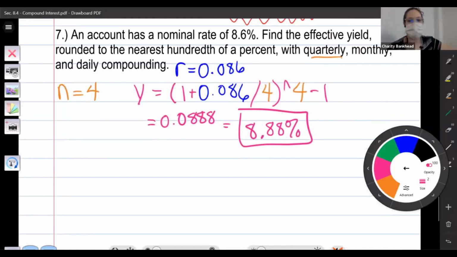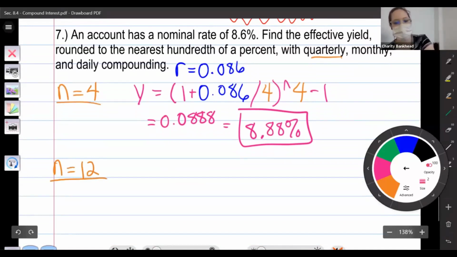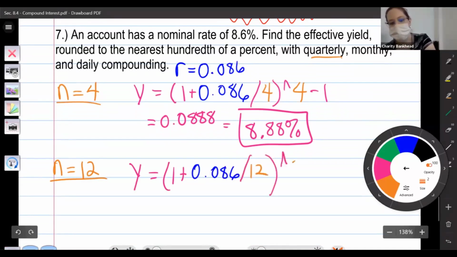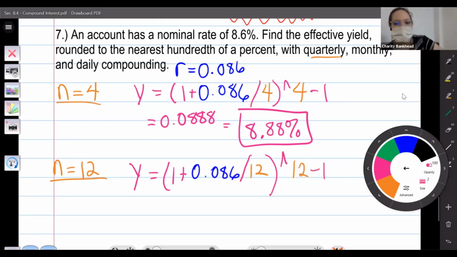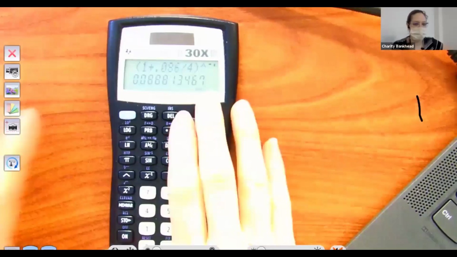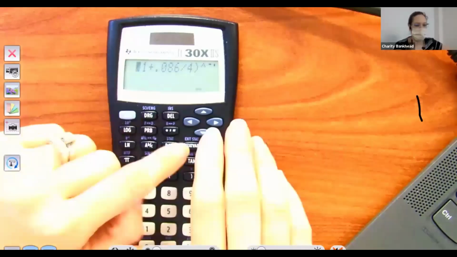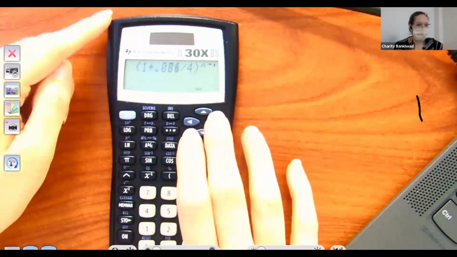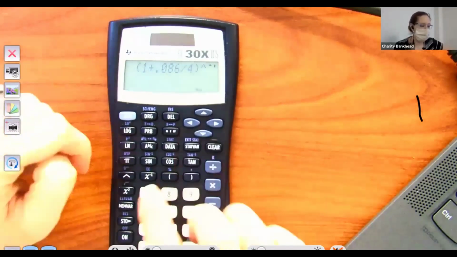And then for monthly, that's going to be n is equal to 12. So y equals, open parentheses, 1 plus 0.086 divided by 12, close the parentheses, to the power of 12, and then minus 1. So we put that in the calculator. You can definitely just retype it, but I like to go in and edit what I already have.